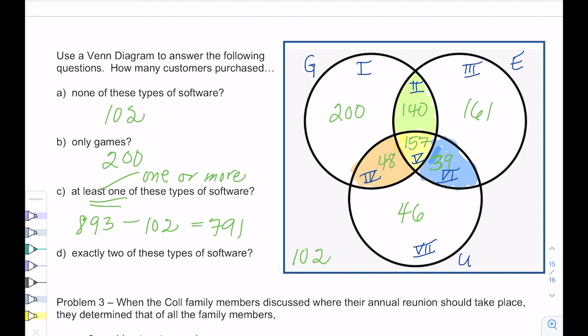So those people bought exactly two. And then you have the blue region, which represents the number of people who bought exactly two of the utility programs and educational software. And then add up the orange region, and that represents the number of people who bought exactly games and utility programs. So again, that's going to be 140 plus 48 plus 39. And when you add those, you get 227.